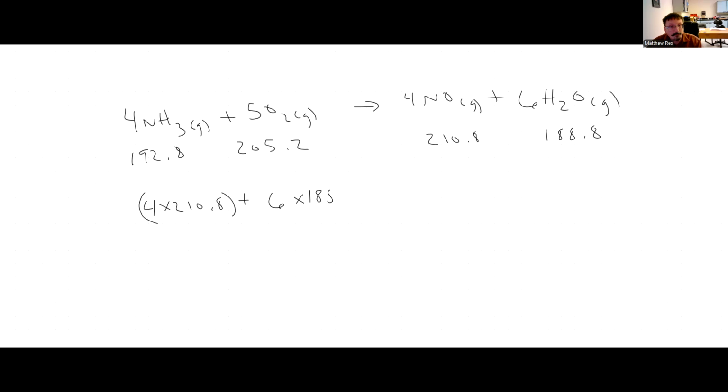188.8 minus 4 times 192.8 plus 5 times 205.2.